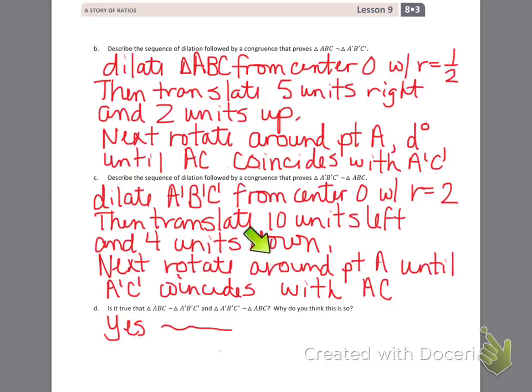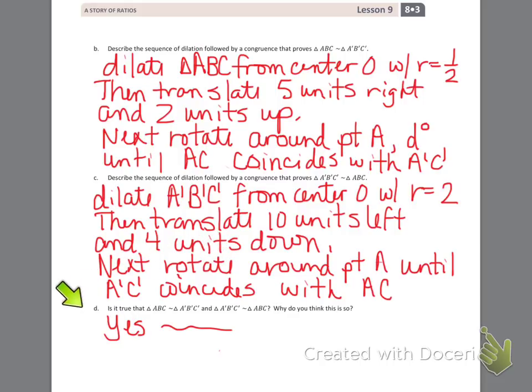Okay, so I want you to see the difference here. We're showing the similarity in 2 different directions, and so notice our scale factors are reciprocals of each other. Our translation is opposite and scaled up. So 5 units right becomes 10 units left, 2 units up becomes 4 units down, and then we have the rotation.